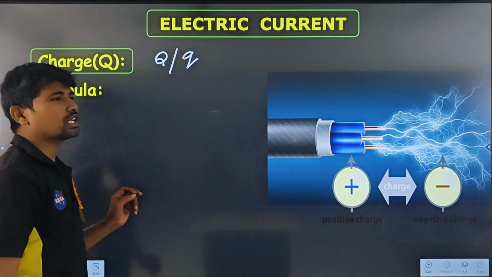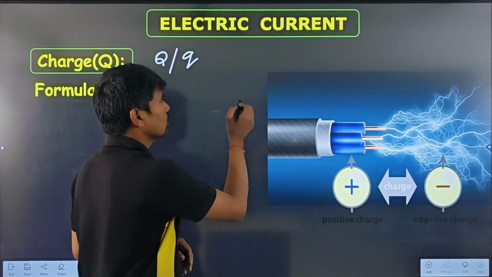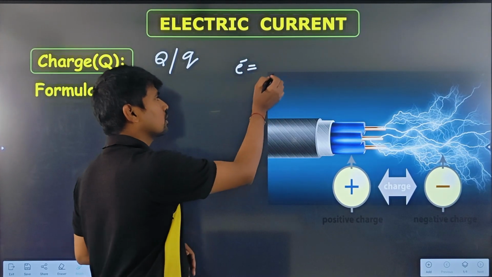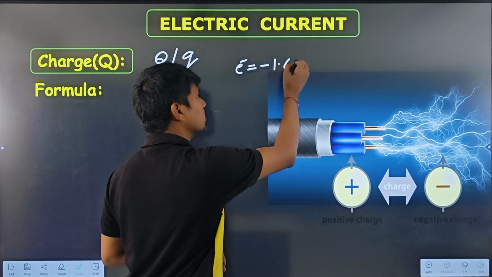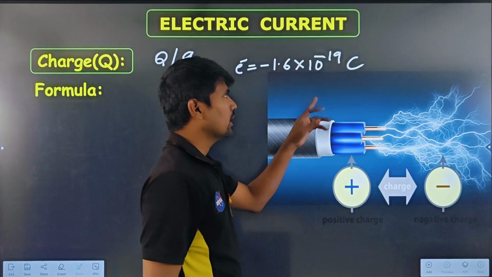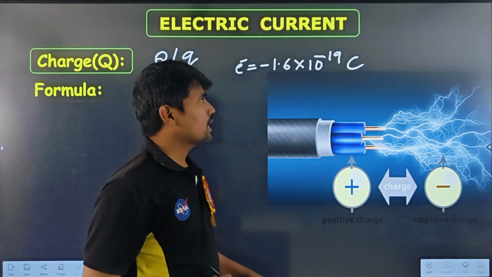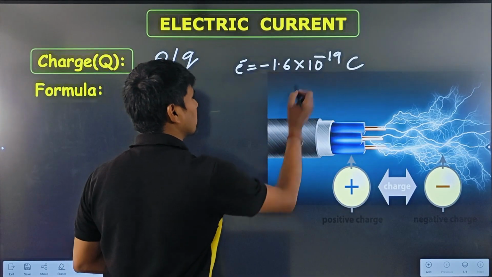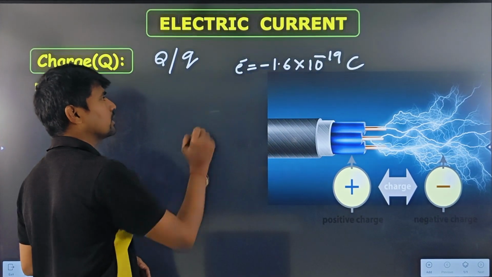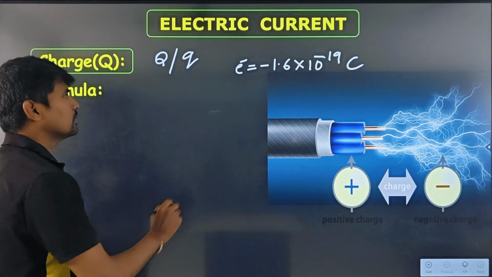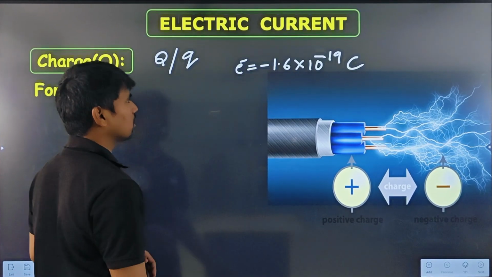For example, the charge of one electron is minus 1.6 into 10 to the power of minus 19 coulomb. C stands for coulomb, the SI unit of charge. This is the magnitude of the charge of an electron, and the charge of a proton has the same value. For one electron, the charge is this quantity.